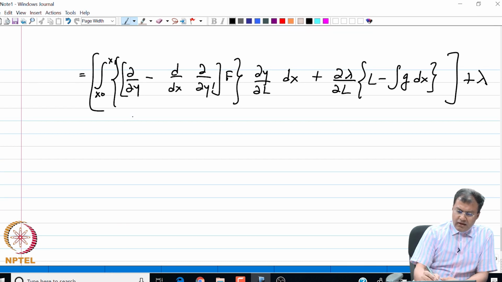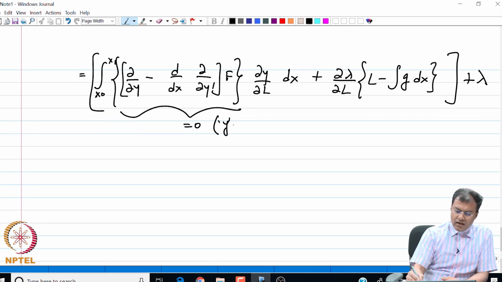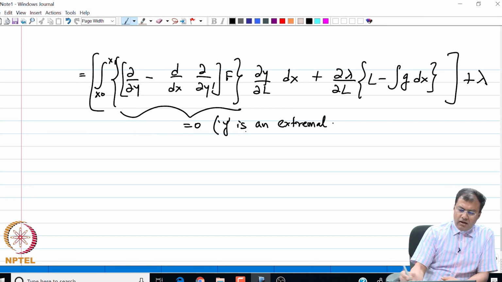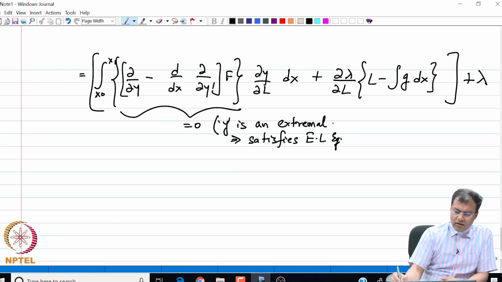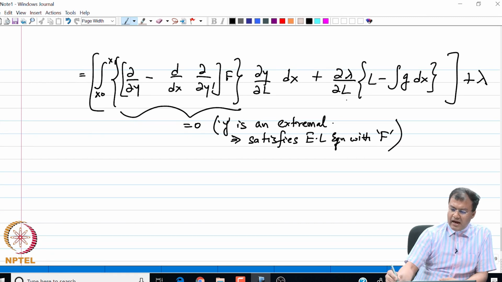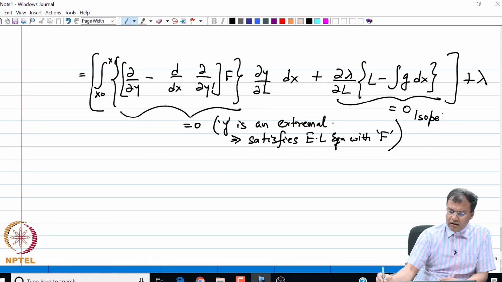Notice that the first term is going to be 0 because y is an extremal and satisfies the Euler Lagrange equation with my integrand F. The second is also equal to 0 because of the isoperimetric constraint.